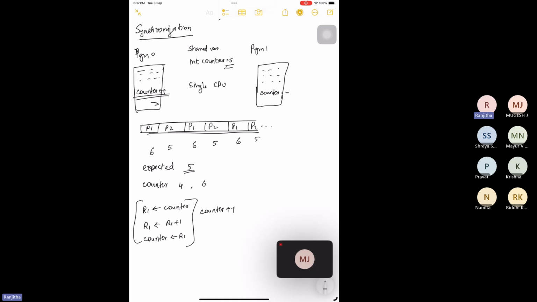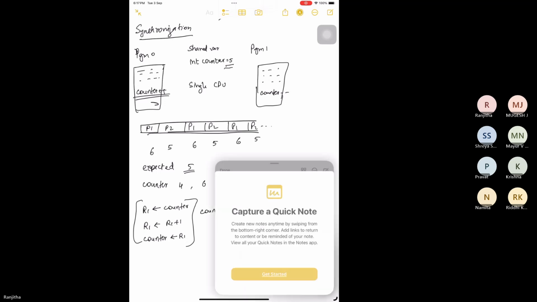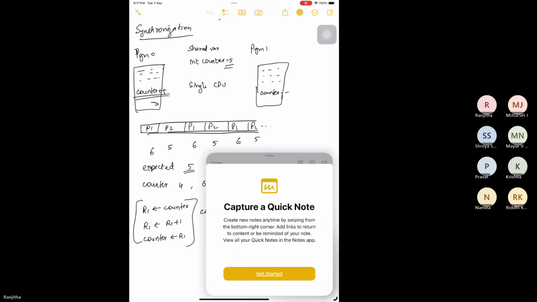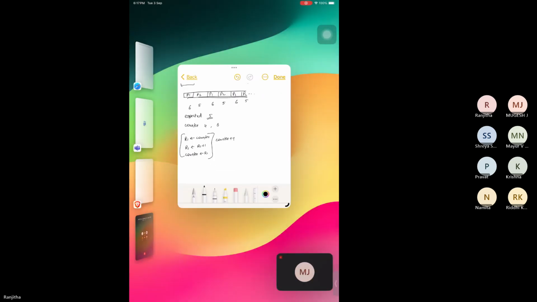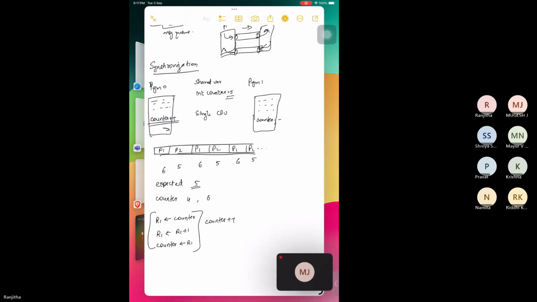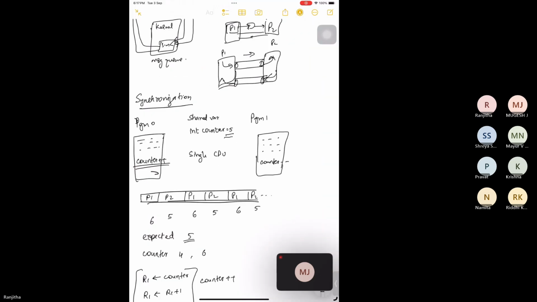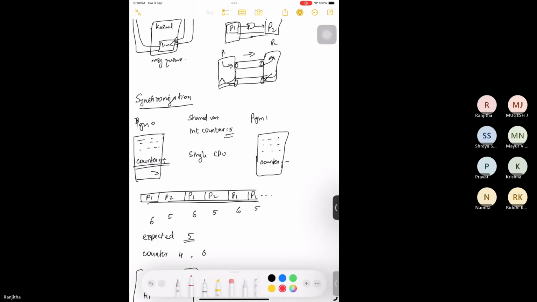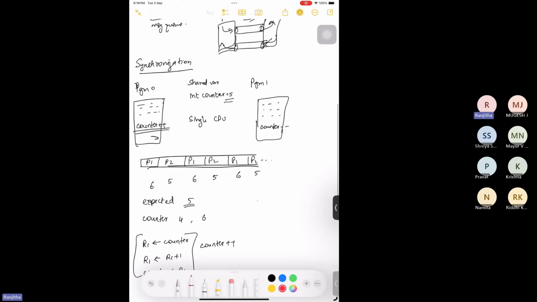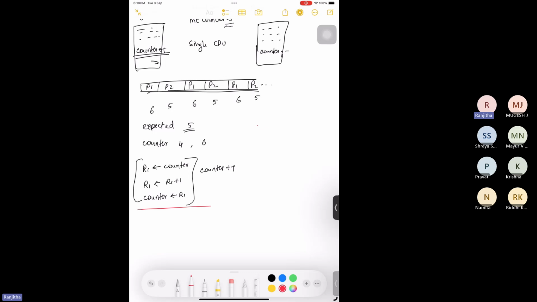Now if we see again, this is the counter plus plus in P1.